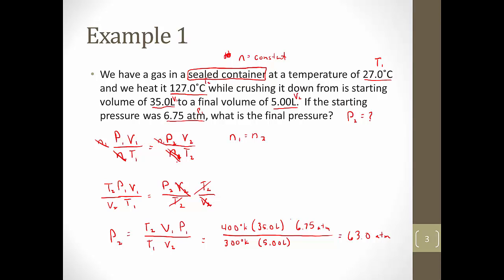So things that are the same, we cancel them out in the equation, and then we solve for the thing that we're looking for. Now, there's another way of approaching this. We can look at the effects of temperature and volume independent of each other and say, okay, so my temperature went from 300 degrees Kelvin to 400 degrees Kelvin, an increase of 1 1/3 times.